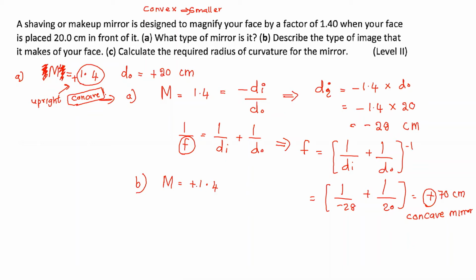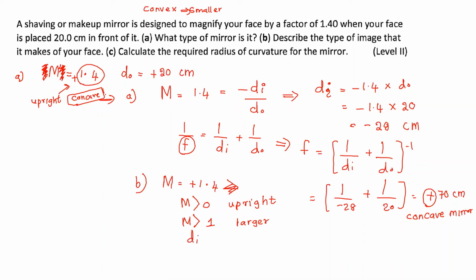It is positive. That means upright. And also M is greater than 1, right? That means it is bigger. It's a magnified image, so it's a large image, larger than the object.